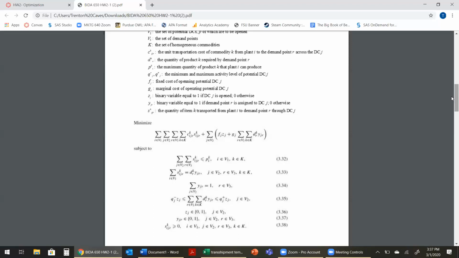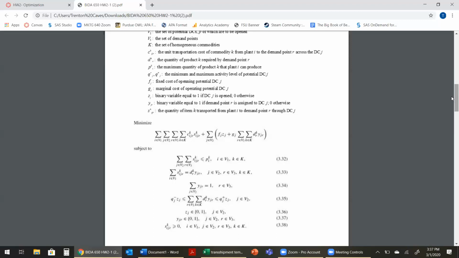Are you on question B? Yes. Okay. So 34 is each demand point must be serviced by a single distribution center. 35 is our activity constraint.